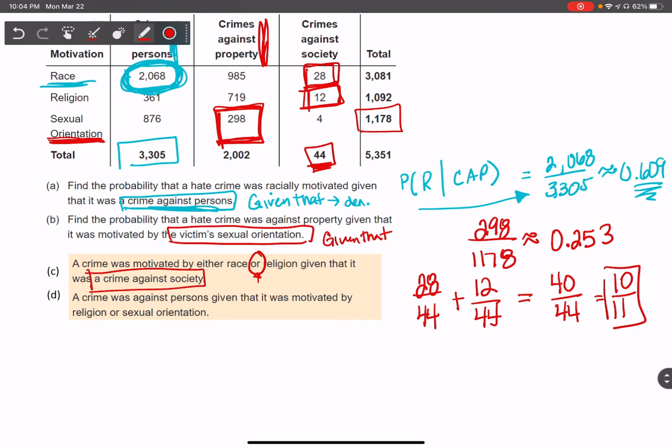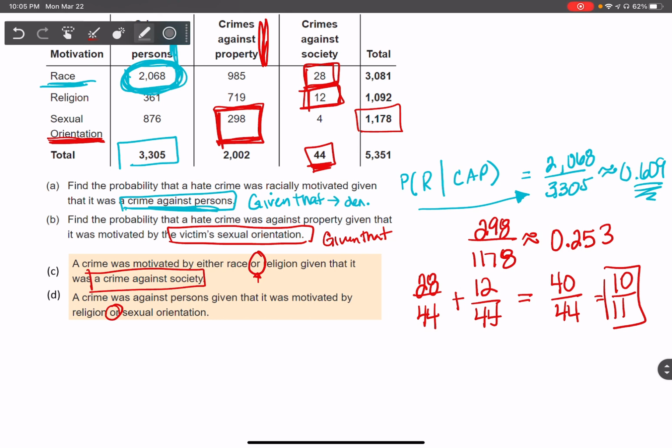All right, last one. A crime was against persons given that it was motivated by religion or sexual orientation. Okay? Crime against religion or sexual orientation. All right, so now I need to look at adding those two up first. So religion, let's change our color. We're looking at religion or sexual orientation.